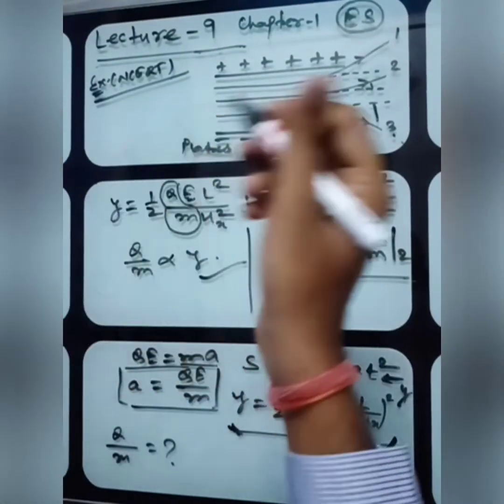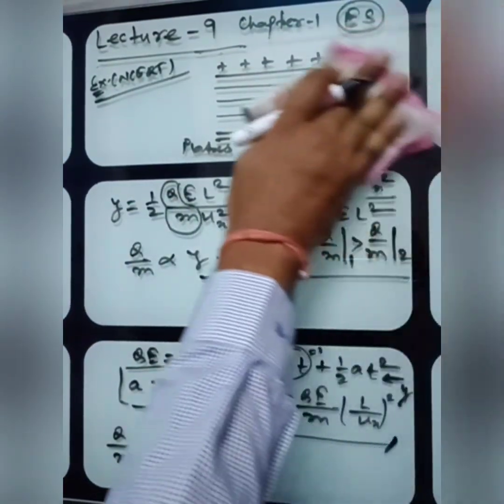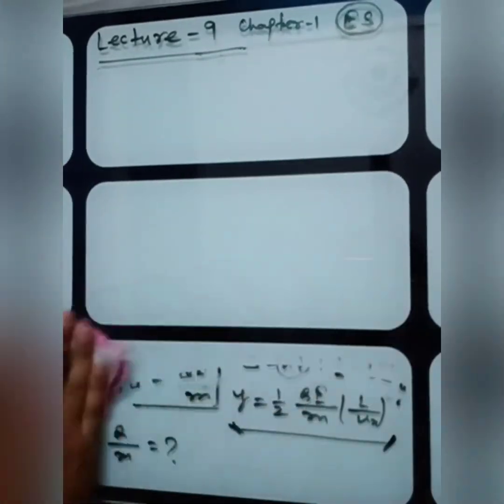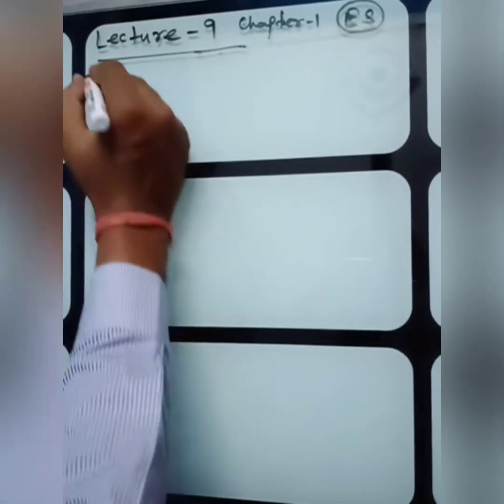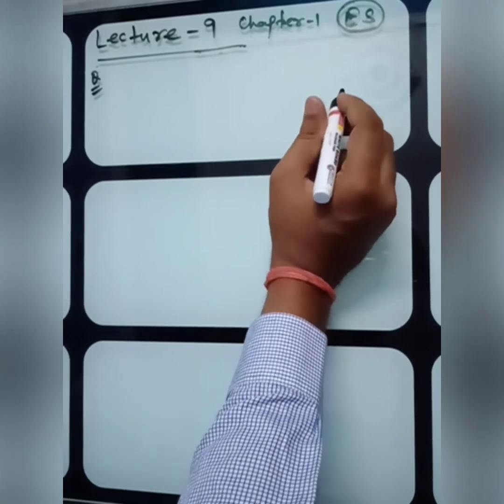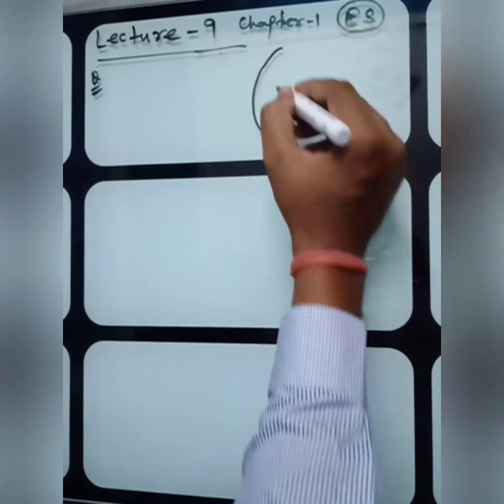Now students, another very important question, and this type of question will be asked in boards as well as competitions. Could you find the electric field due to a charged ring or semicircular ring? This is the semicircular ring.